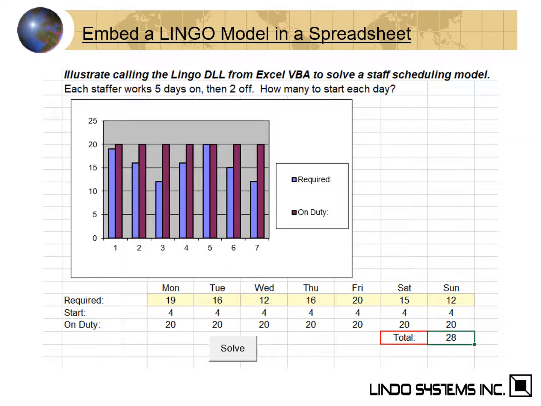What we'd like to talk about in this section is embedding a model that's been written in the LINGO algebraic modeling language inside of a spreadsheet. Now, why might you want to do that? Well, those of you who have worked with spreadsheets may be familiar with the term arthritis that is sometimes applied to spreadsheets.